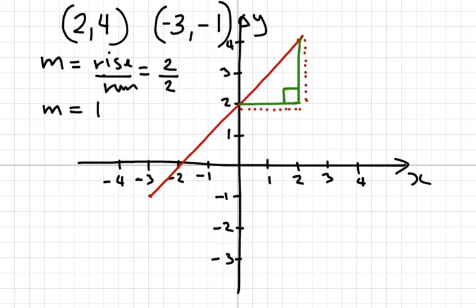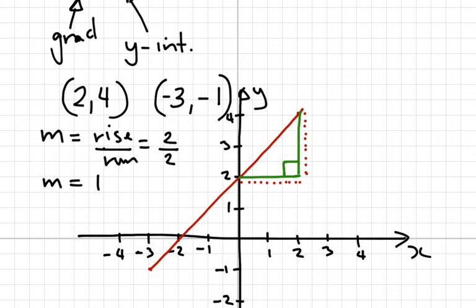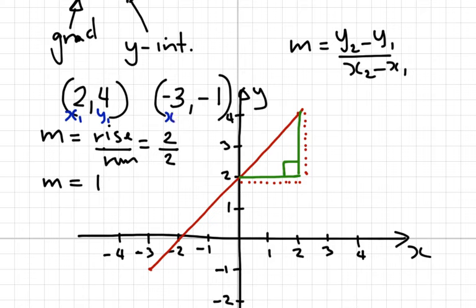If you're doing it without drawing a graph, the other way you can work it out is that your gradient is y2 minus y1 over x2 minus x1. From my 2 coordinates, I can make my first coordinate x1 and y1, and my second coordinate x2 and y2.